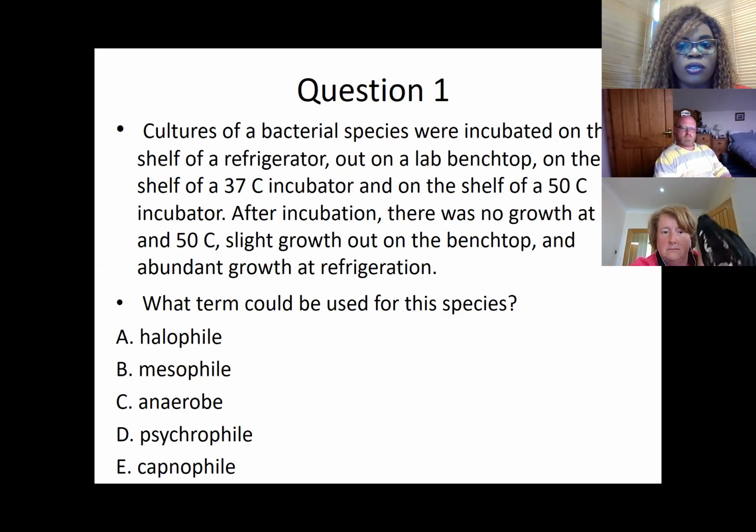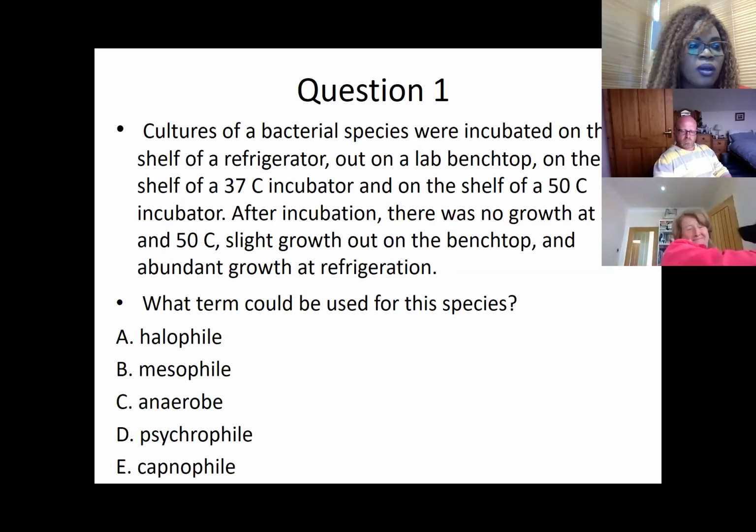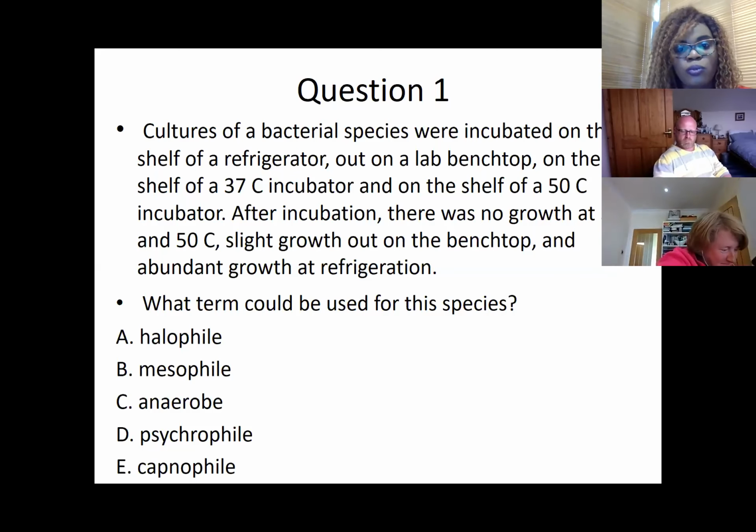After incubation, there was no growth at 37 degrees and 50, slight growth on the bench top, and abundant growth at refrigeration. What term could be used for this species of bacteria?